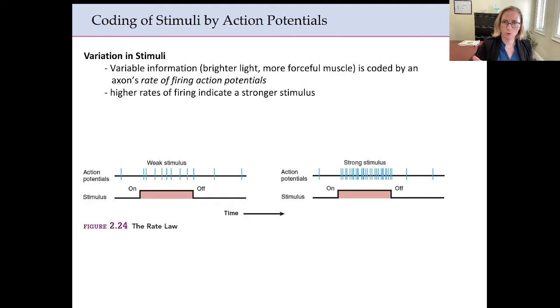So this is how we code for different things. Because there's such a delicate balance in ions going in and out, we don't change it for the different stimuli. We do that by how the action potentials are actually fired, how frequently they are fired. Okay.